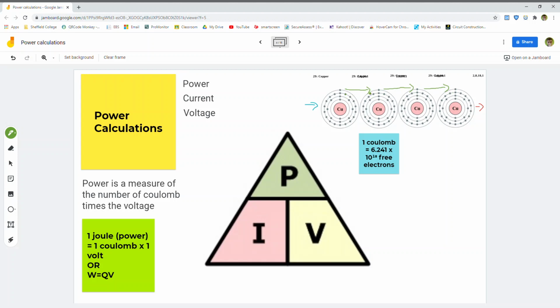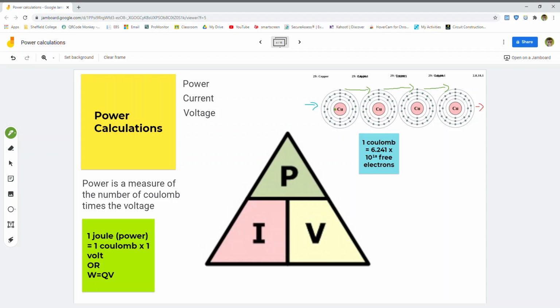As this one moves, this one becomes imbalanced, and then it pushes it onto there, and then goes onto there to there. So this green line, as the free electrons are moving, as we already know, is our current. Okay, so the voltage, the EMF, just pushes the current along.